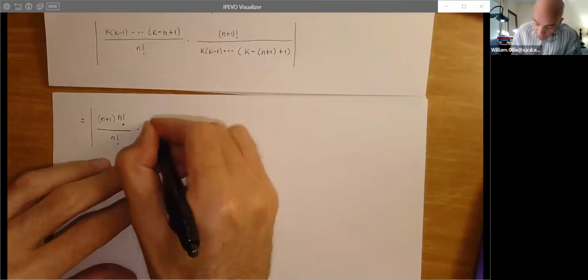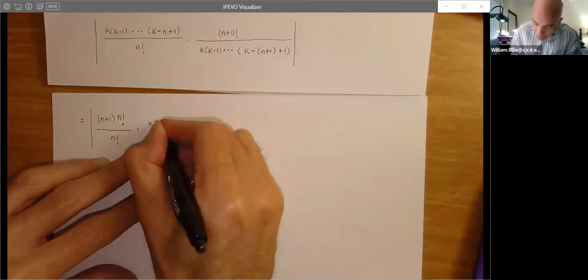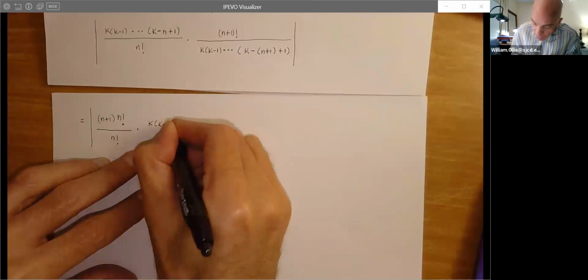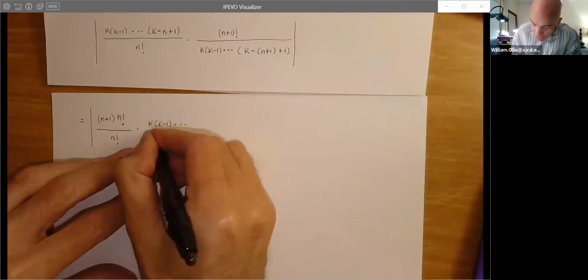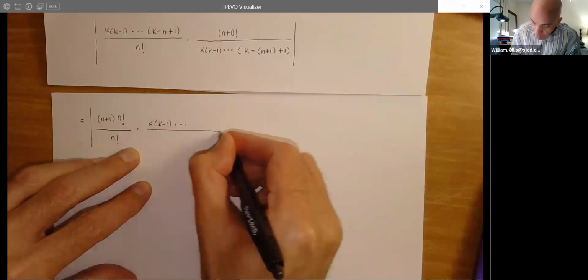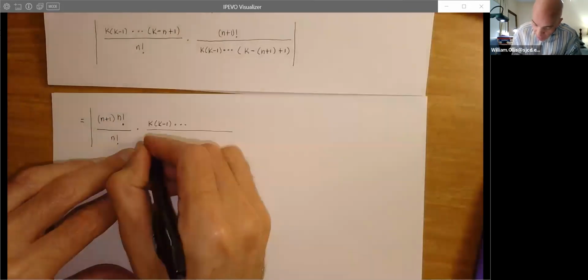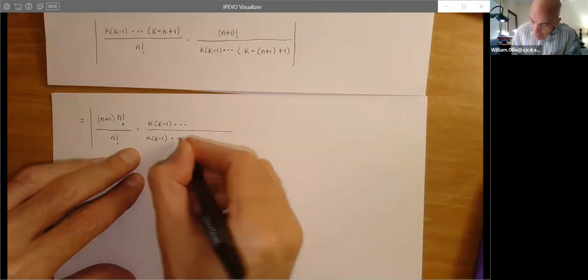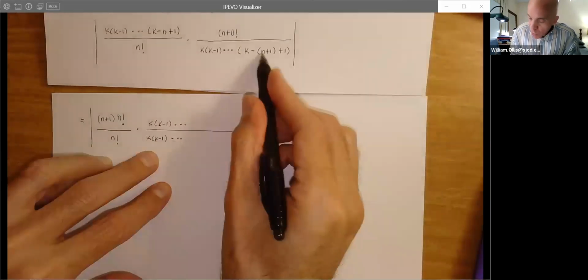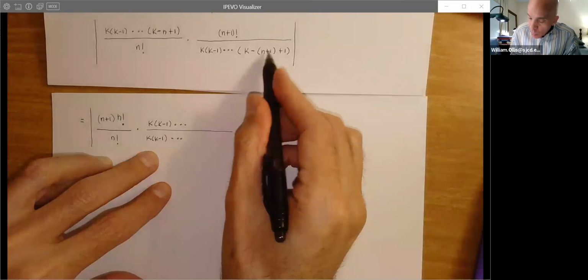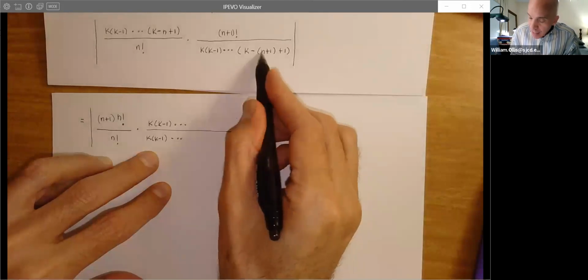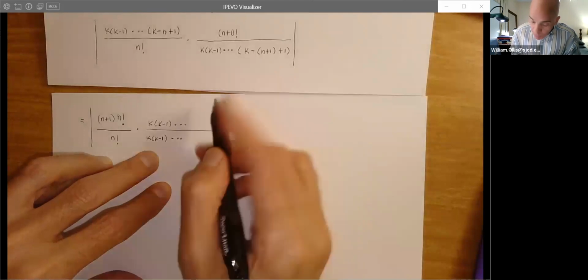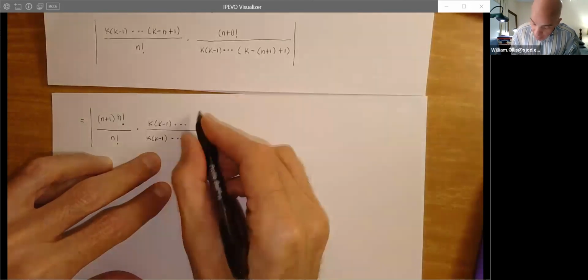And then we have k, k minus 1. Now I'm going to reduce what's downstairs before I decide how far I'm going to go here. So we have k, k minus 1. And now notice we distribute the minus 1. So we just get k minus n, but then the negative 1 and the positive 1 absorb. So we get k minus n.